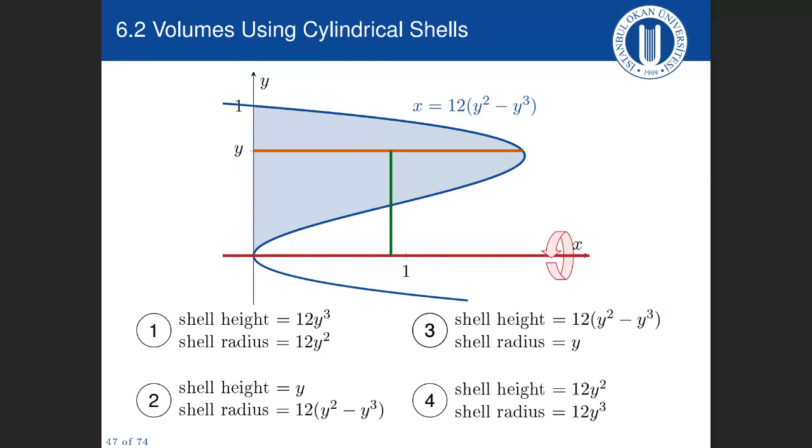Now let me ask you. Looking at this picture, I've drawn the axis of revolution, the shell height and the shell radius, and I'm asking you to tell me which one of these is correct: 1, 2, 3, or 4.